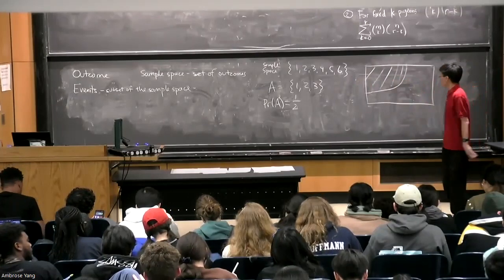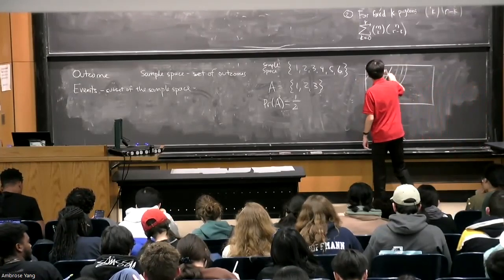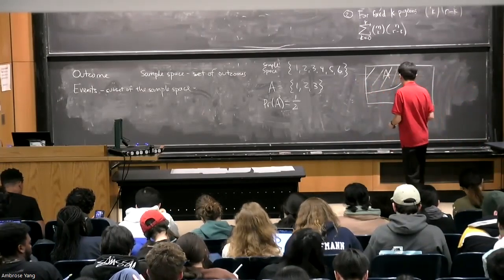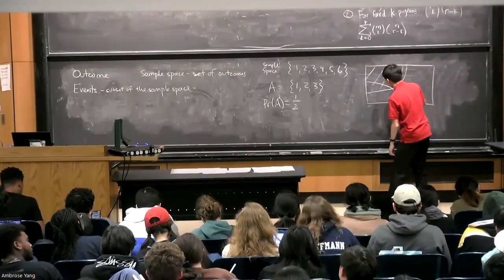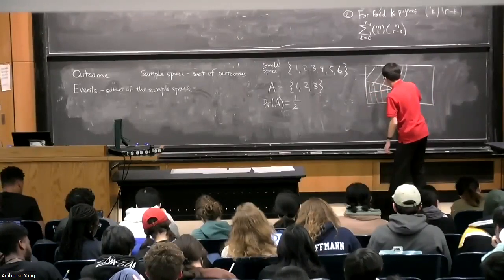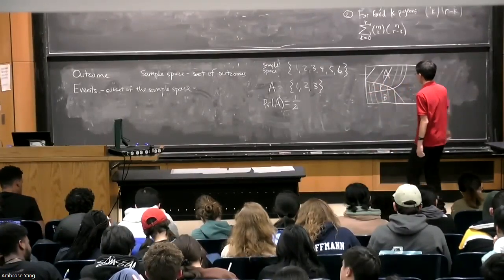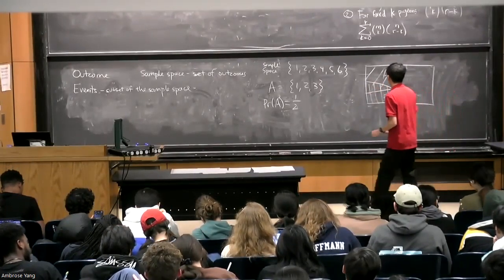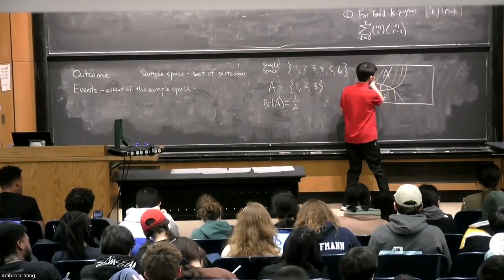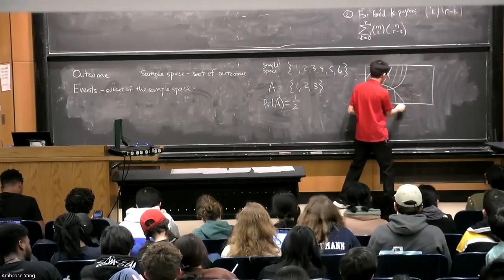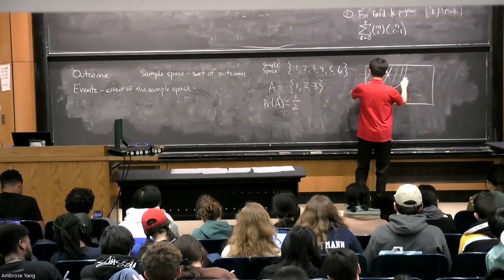And maybe you have another event B, which are these outcomes. Now the probability of A is simply how likely these are to happen out of everything. The probability of B is how likely these are to happen out of everything.